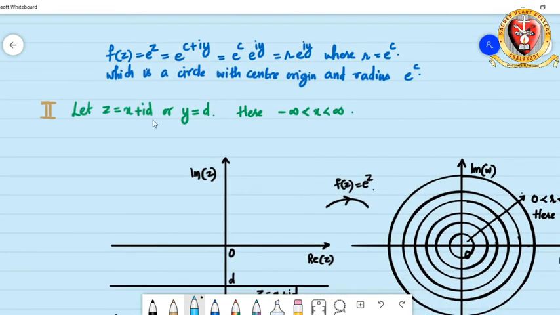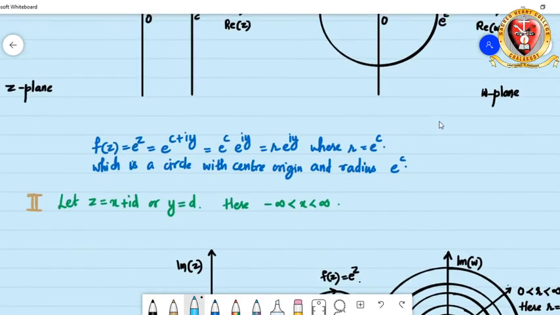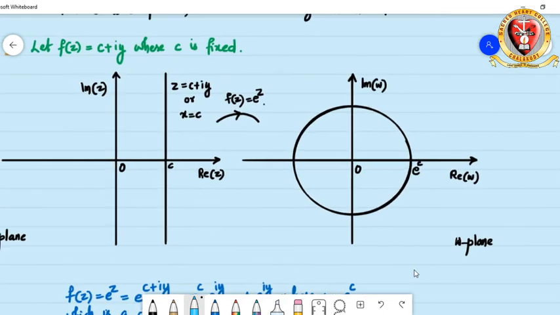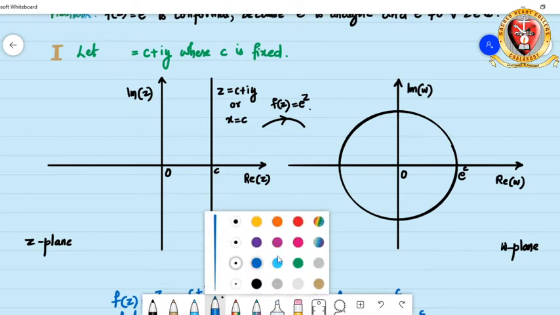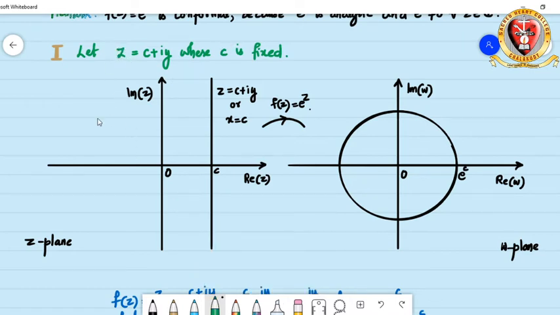Next, think that z is equal to x plus id. In the first part there is a small change: we assumed that z is equal to c plus iy, and then applied the function.